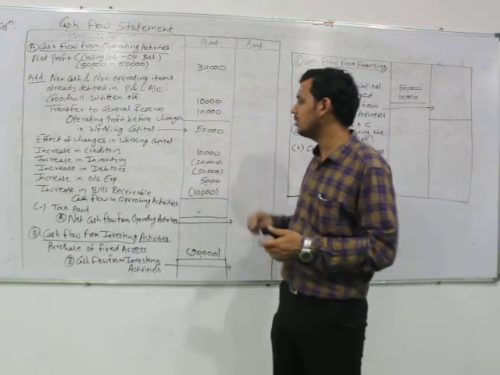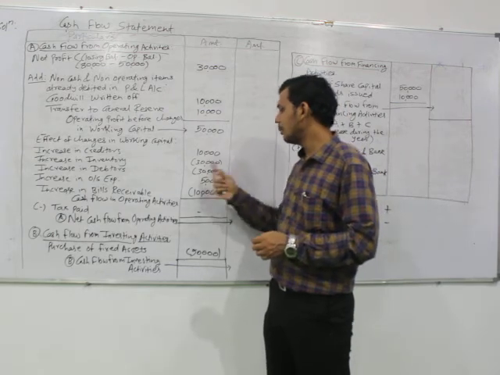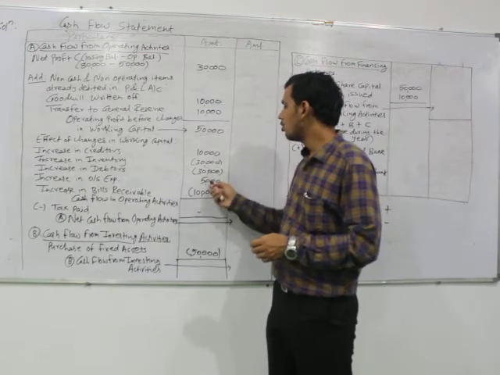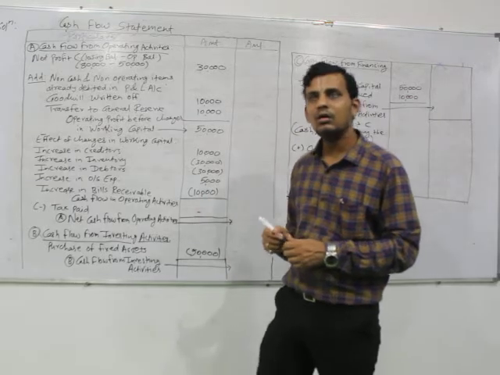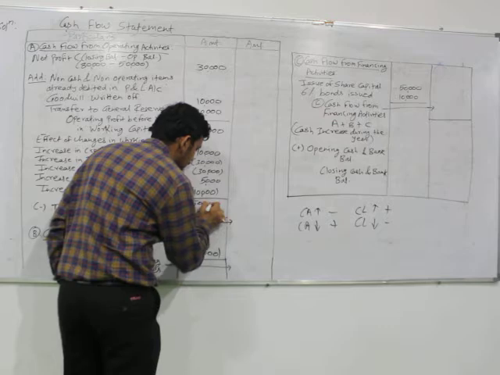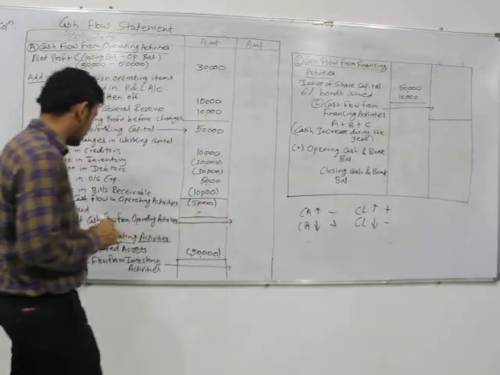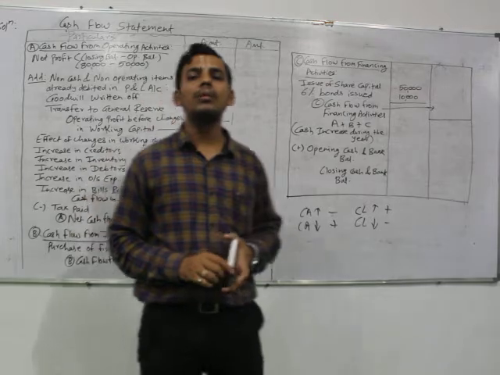Therefore 50,000 plus 10,000 is 60,000, minus 30,000 is 30,000, minus 30,000 is 0, plus 5,000 is 5,000, minus 10,000, plus 5,000, minus 10,000 equals minus 5,000. This is our cash flow from operating activities.